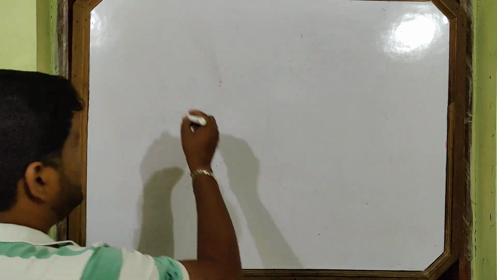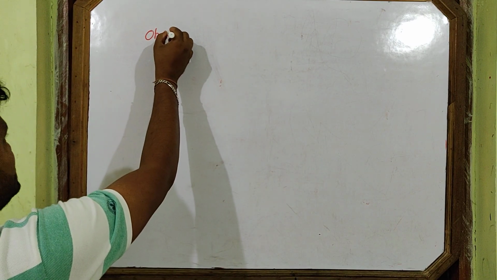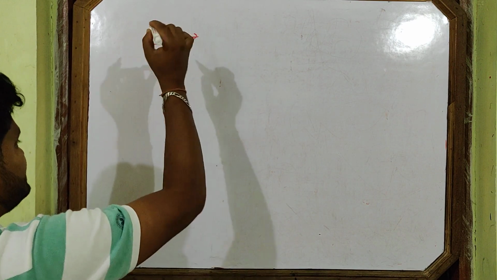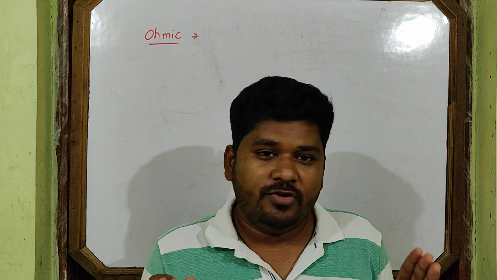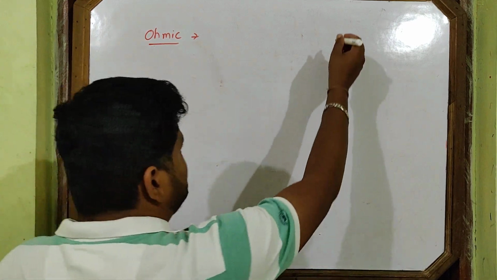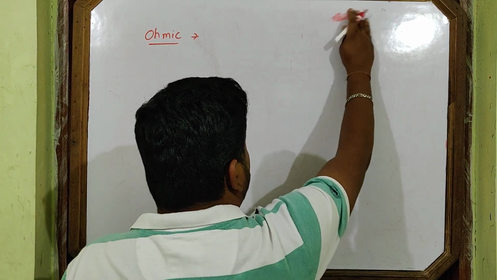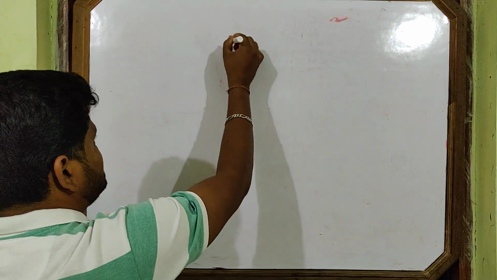Next we will go to ohmic and non-ohmic devices. Let's see ohmic and non-ohmic devices. What do we mean by substance? Substances are classified into two types based on Ohm's law.